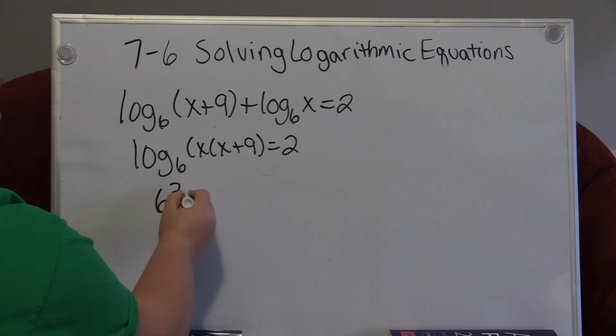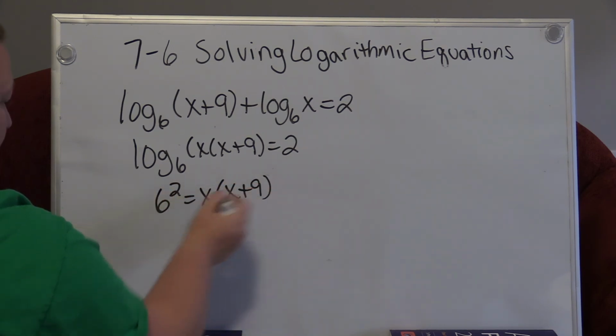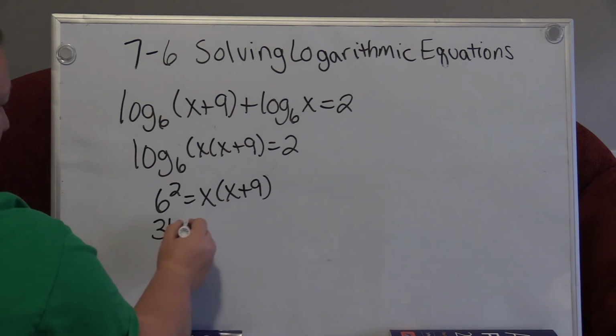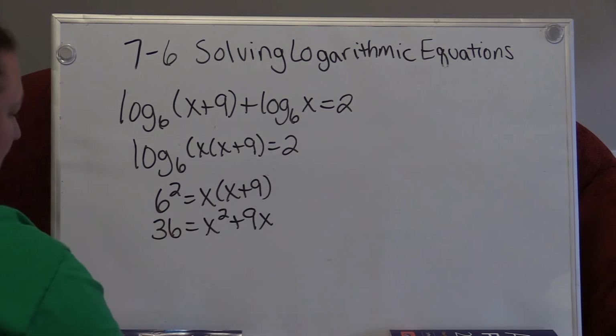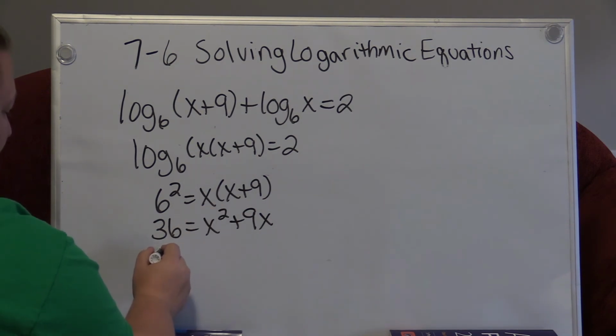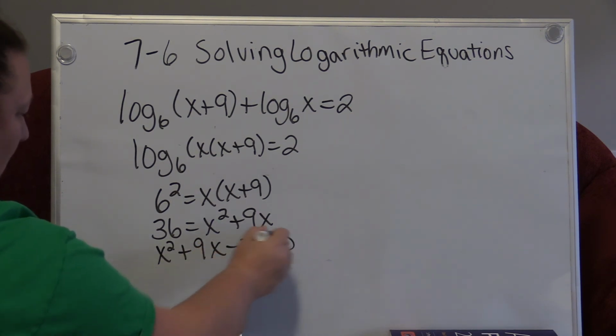So 6 squared equals x times x plus 9. 36 equals x squared plus 9x. So if I put this in standard form, I get x squared plus 9x minus 36 equals 0.